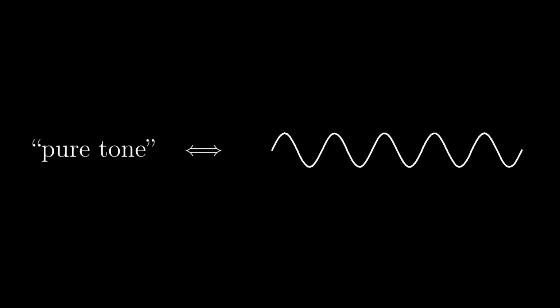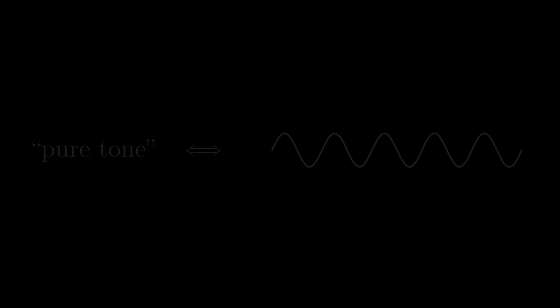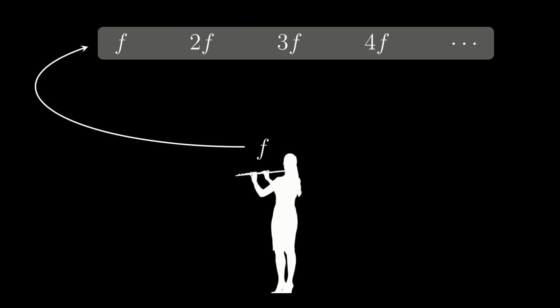Now, there's a lot to be said about what exactly it means for a tone to be made out of other tones. But for the purpose of our video, when we hear a tone that has a certain frequency, let's call it F, then this tone actually contains several pure tones, where the frequencies of these pure tones are F, 2F, 3F, 4F, etc. Always integer multiples of F. These pure tones are called harmonics.